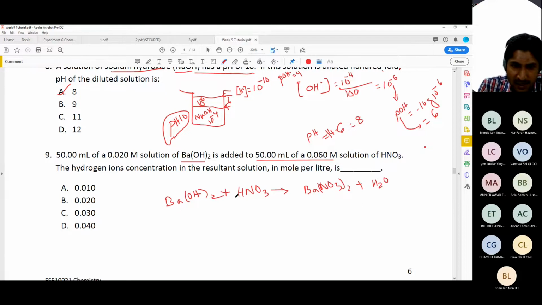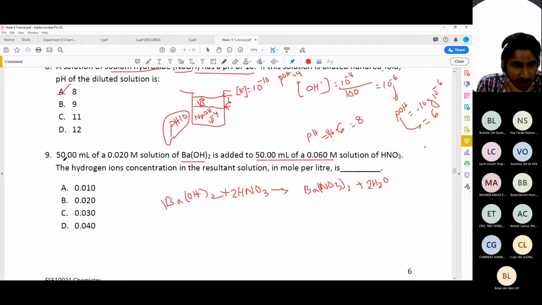To balance the equation, I need to have 2 here and then 2 here, so it will be balanced. So now I see that it is a 1:2 reaction. Once again, recall that thing, right? I will keep talking about balancing the equation and number of moles. So 1 mole of barium hydroxide takes 2 moles of nitric acid and produces barium nitrate and water.